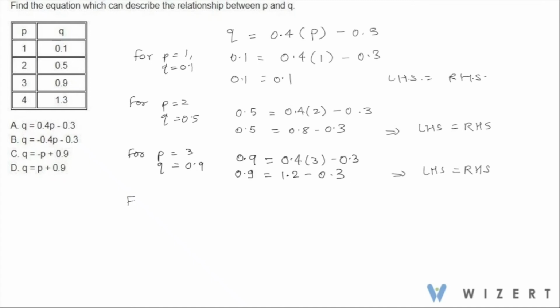So for P equal to 4, Q equal to 1.3, we have 1.3 equal to 0.4 into 4 minus 0.3, which is 1.3 equal to, yes, 1.6 minus 0.3, which gives us LHS equal to RHS.